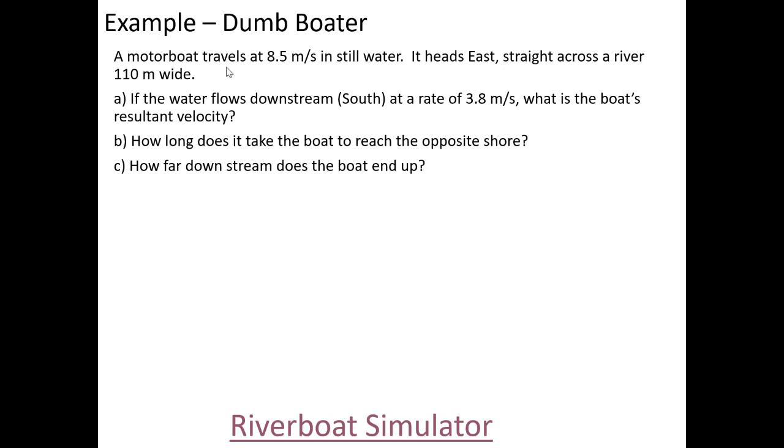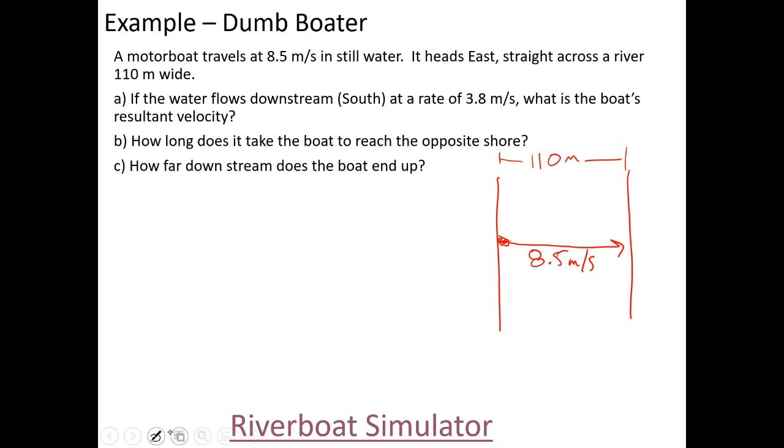The first thing I'm going to do in this question is try to get a picture of what is happening. We've got a motorboat that's heading 8.5 meters per second in still water. It's going to head straight east across a river. So here's our boat. It's going to head straight east across a river, and the displacement of this river is 110 meters wide.